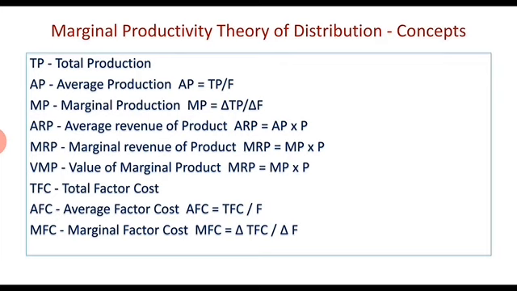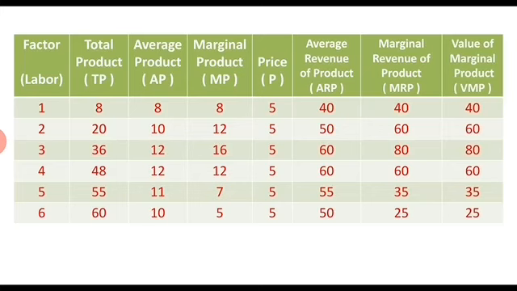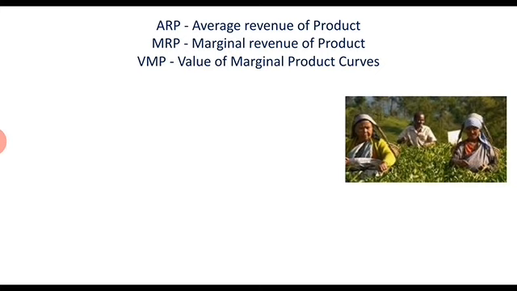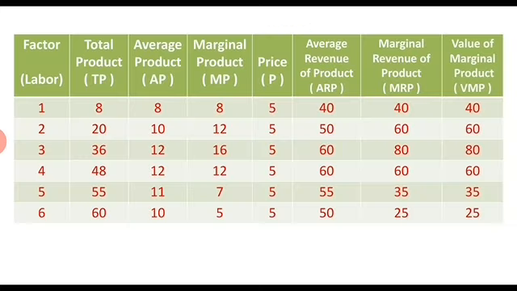The production got by all the factors is called total production. Average production: average physical production of a factor is total product divided by the number of units of factors employed in the process of production.